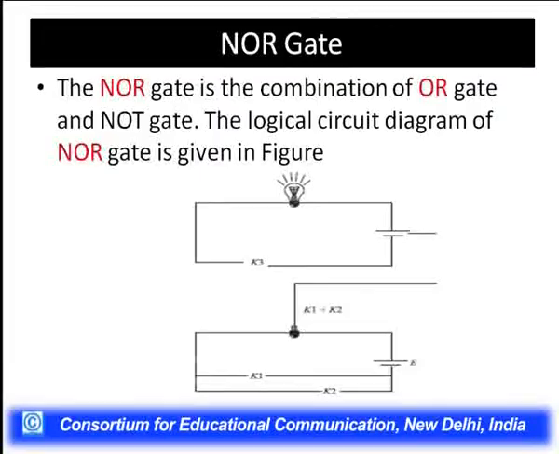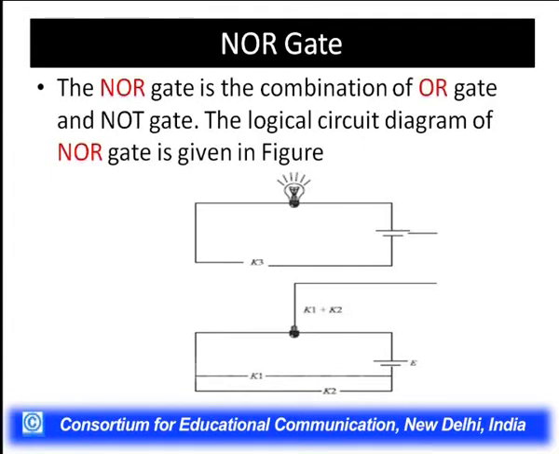Now, let us see the NOR gate. This is the same as the NAND gate, only replace the AND gate with an OR gate followed by a NOT gate, and it becomes the NOR gate. So the NOR gate is the combination of an OR gate and a NOT gate.